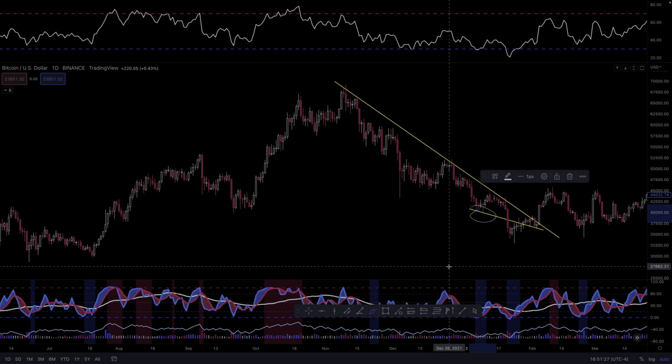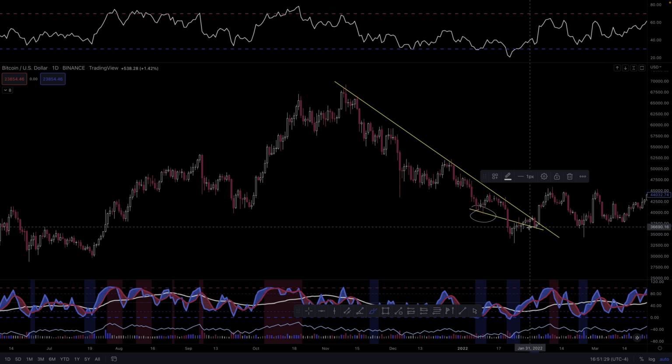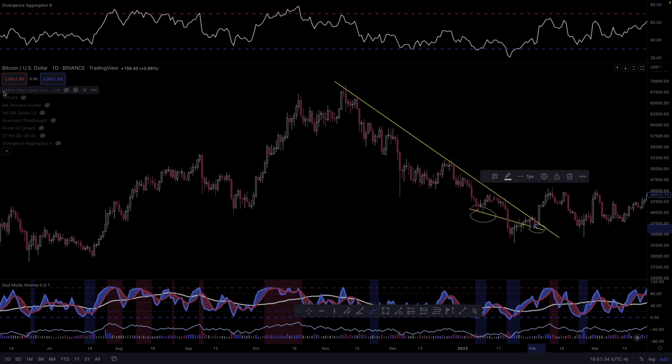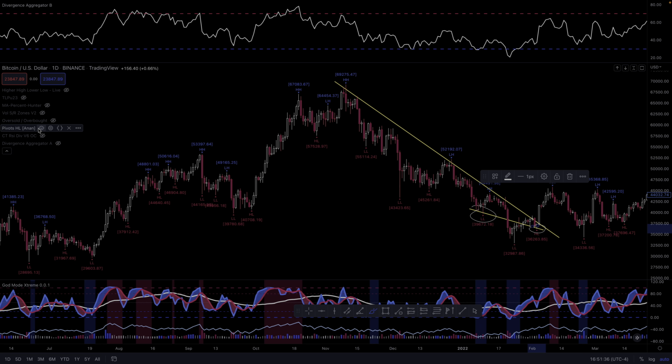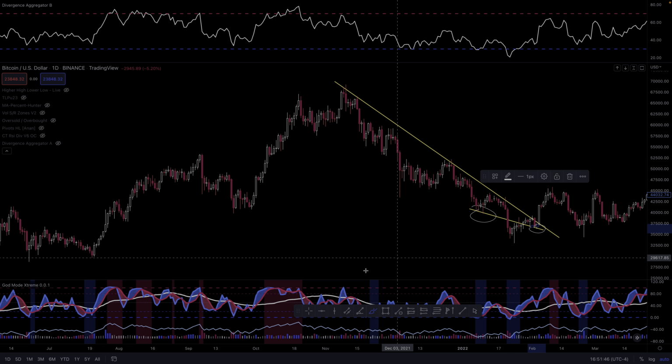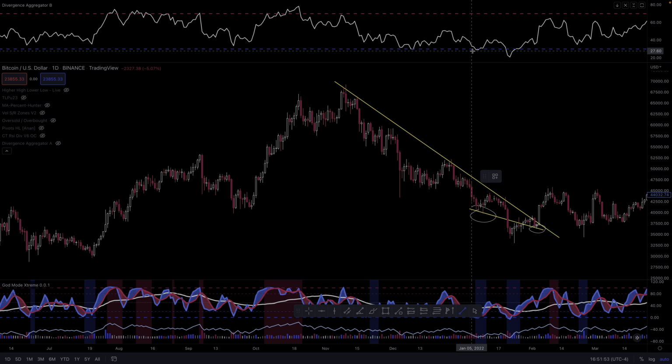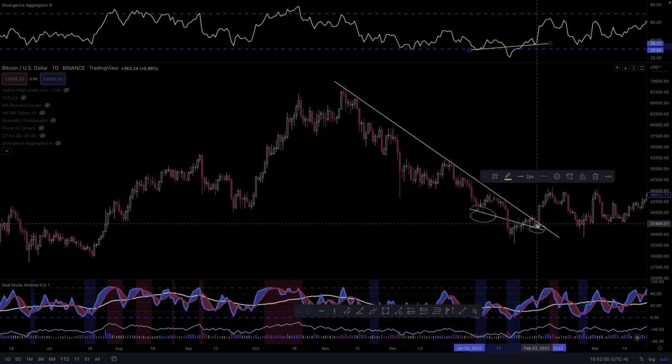Here, let me turn on an indicator that'll show you this better. So you have a lower low here and a higher low here. These are two pivots. And as you can see on the RSI, we do have a bullish divergence with these pivots, from here to here. And we get a nice bounce here for about, actually, about a $7,000 trade right there.